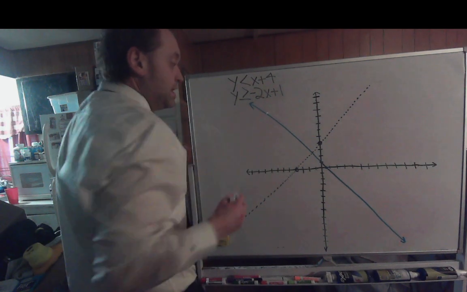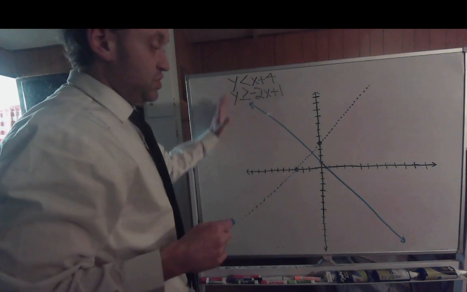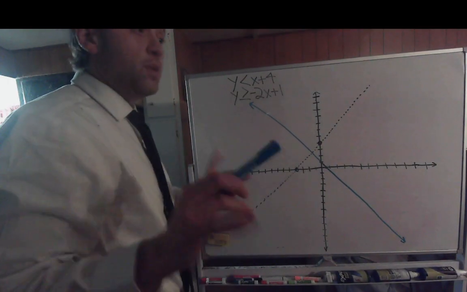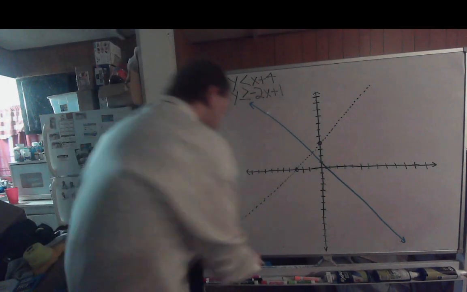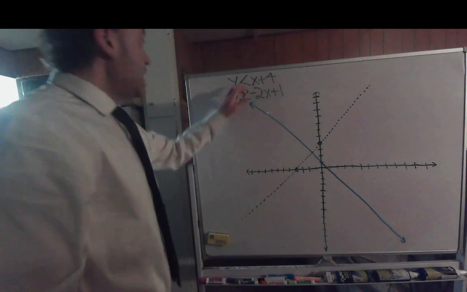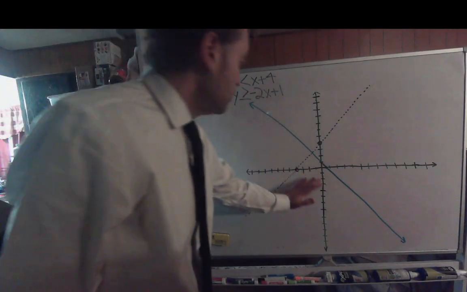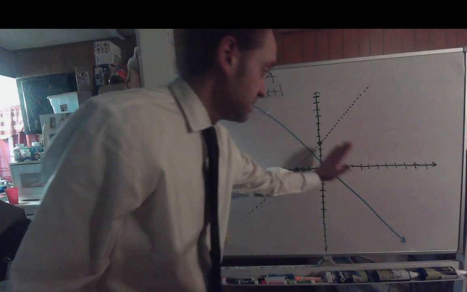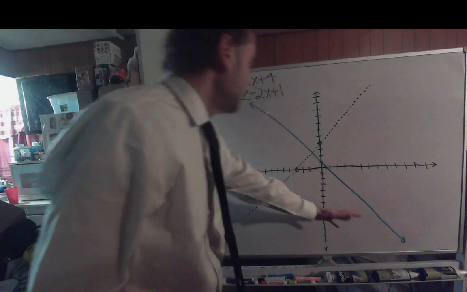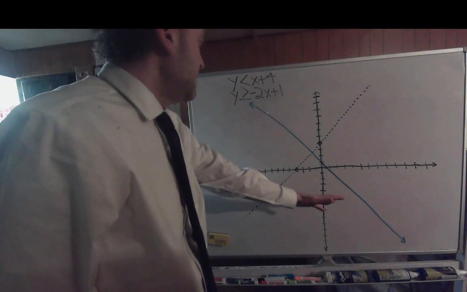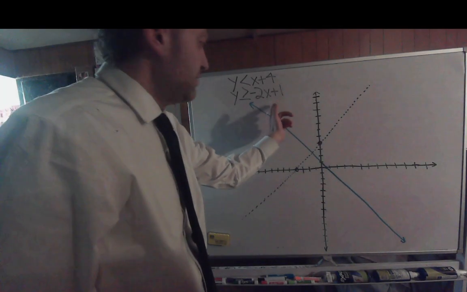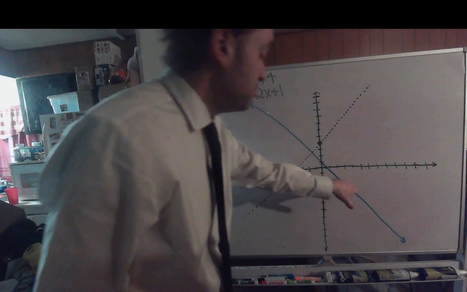Alright, so there's the graph of the two inequality lines. Now we need to shade the region that meets both criteria. So y is less than x plus 4 would be below this purple dotted line here, since it's less than. But it's got to be greater than negative 2x plus 1, so it would be above the blue line.